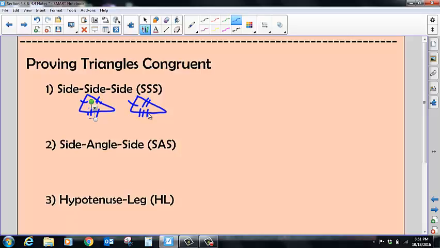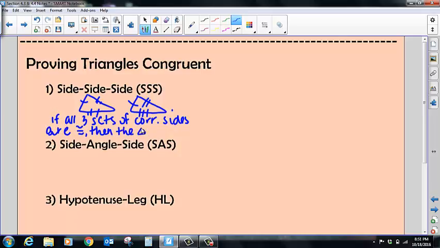in your reason is if all three sets of corresponding sides are congruent, then the triangles are congruent.